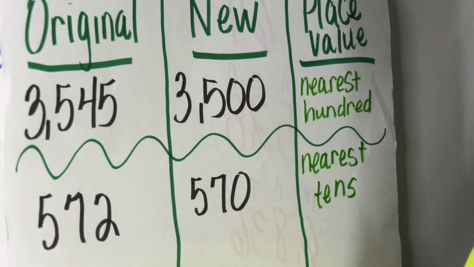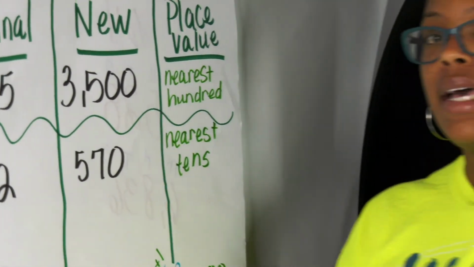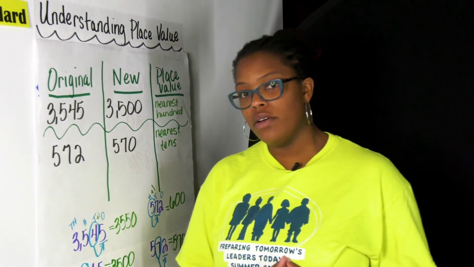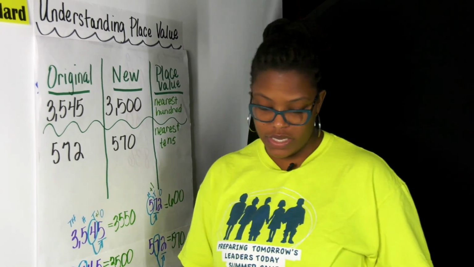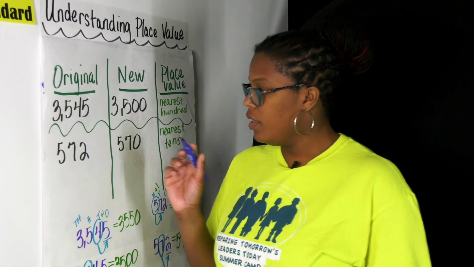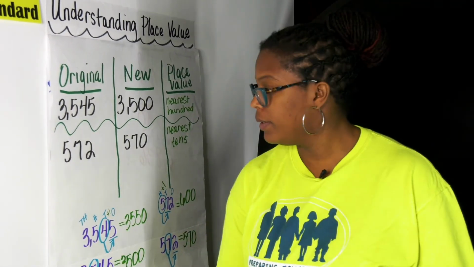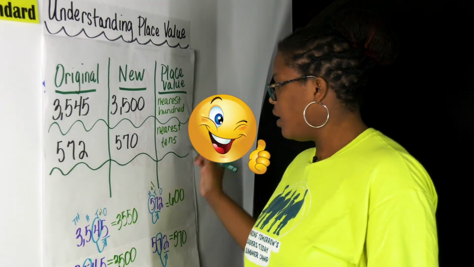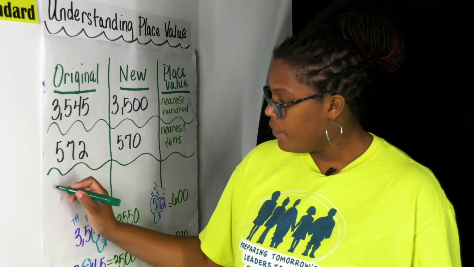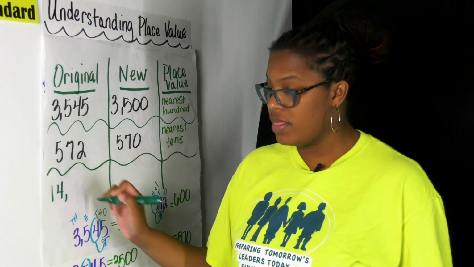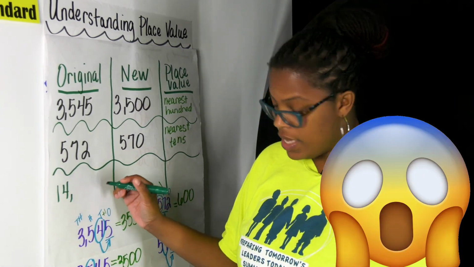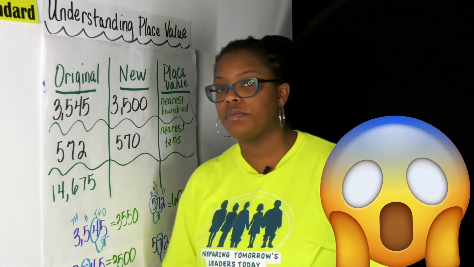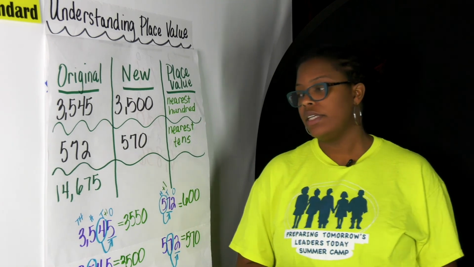So now you all, I want you to practice this last number on your own, and then I'm going to reveal which correct place value it is. This number is a bigger number, but you can do it. I know you can. 14,675. Okay?